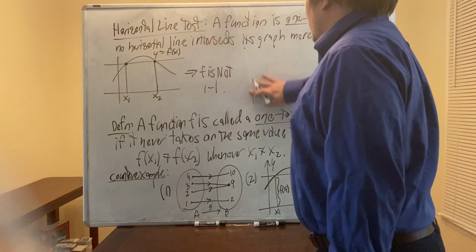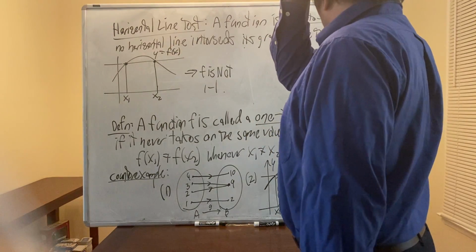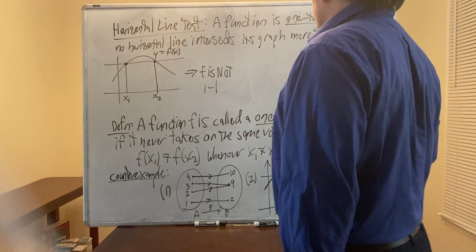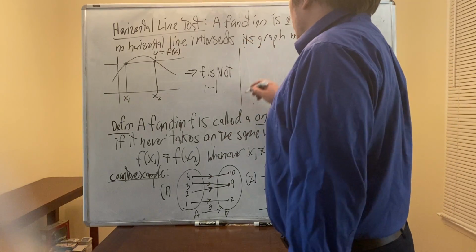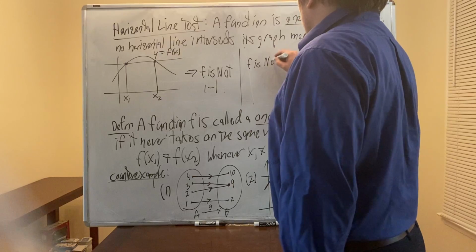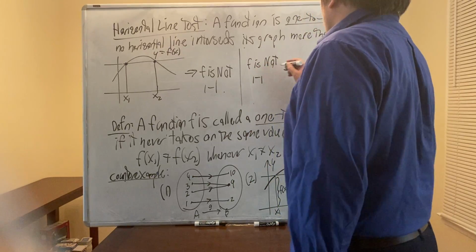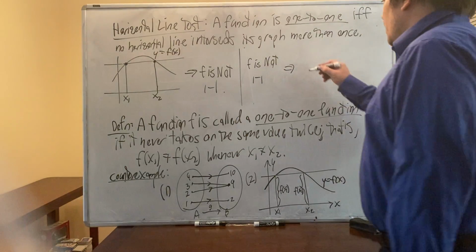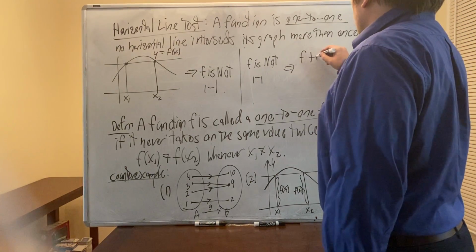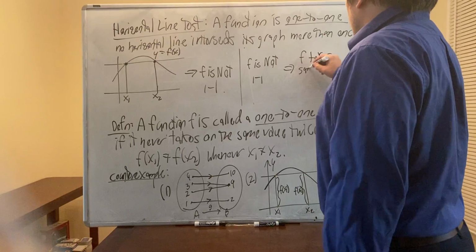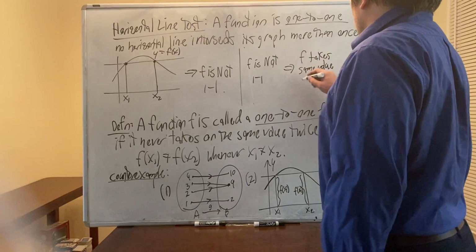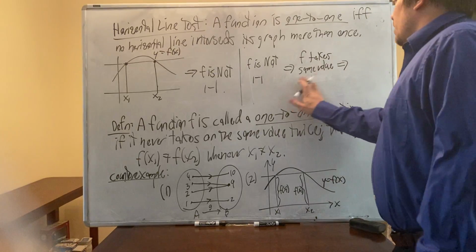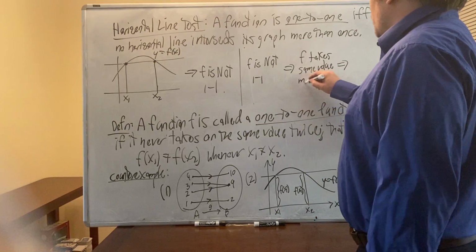Now going in the opposite direction, if f is not one-to-one, that implies that f takes on the same value twice, meaning it takes the same value more than once.